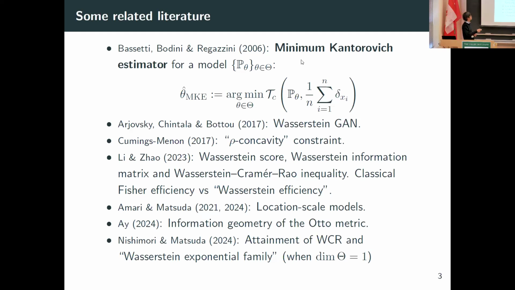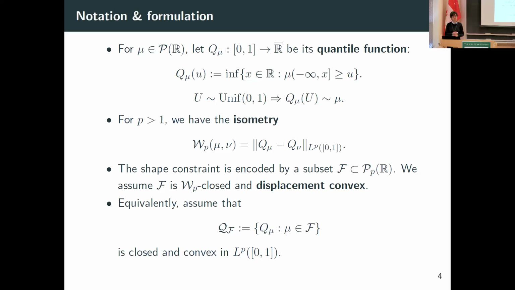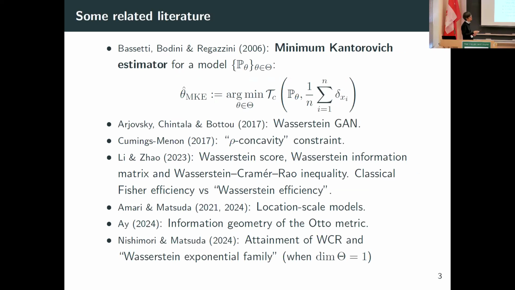And suppose that you have a certain transport cost loss function C, and you form the optimal transport cost T of C. Then the so-called minimum Kantorovich estimator is to find the parameter value such that the model distribution is closest to the data. In other words, you're projecting the empirical distribution on the set of models according to their transport cost.